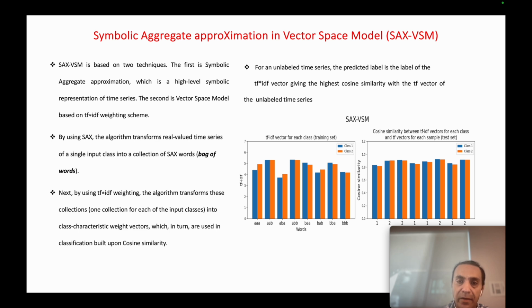So similarly here, we assign the bag of words to each of those classes and then generated their TF-IDF vectors. And the graph on the right side shows the cosine similarity between the TF-IDF vectors for each class in the training set and the TF vector for each sample in the testing set. And then we will assign the labels using this cosine similarity.